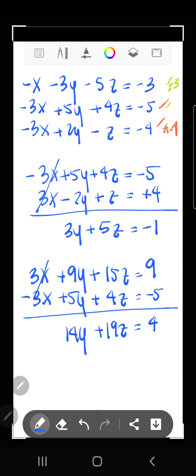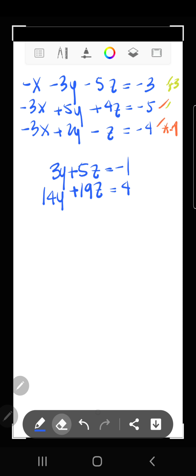Now, what you should do is to find the values of y and z using any of the other methods with equations 2 by 2.